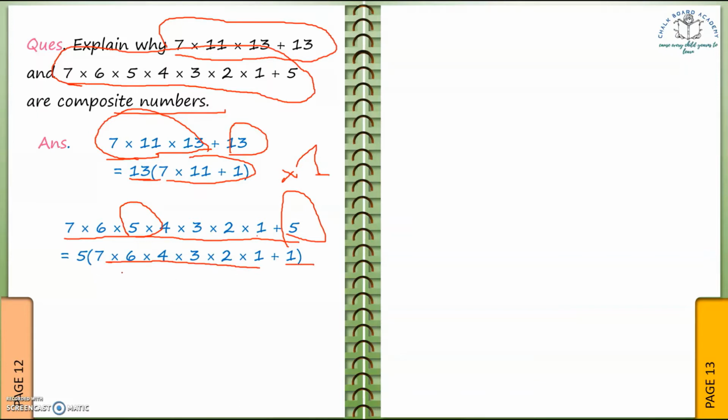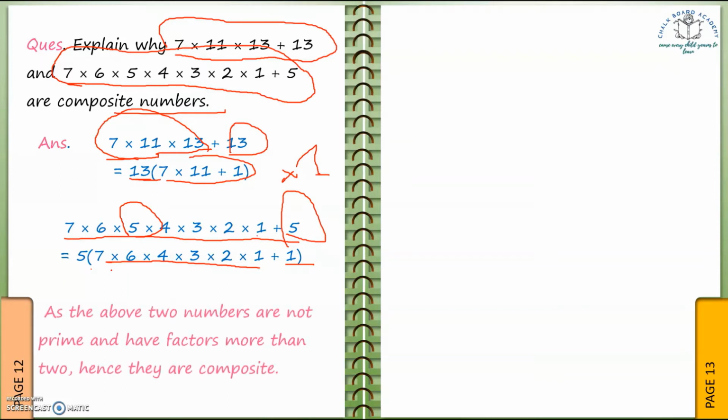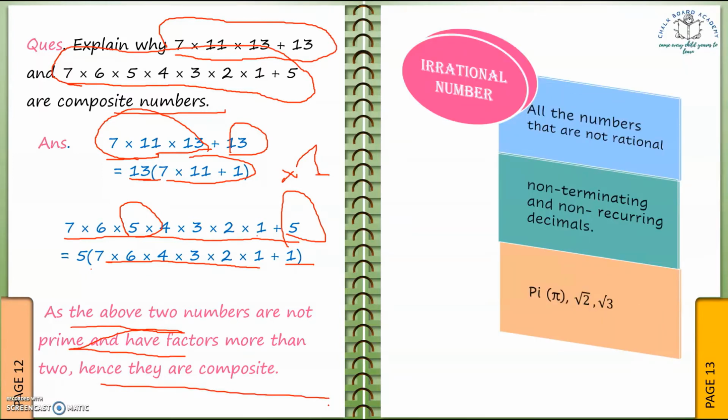So it also has more than 2 factors. So we can say that this number is also a composite number. As mentioned here, as the above two numbers are not prime and have factors more than 2, hence they are composite.